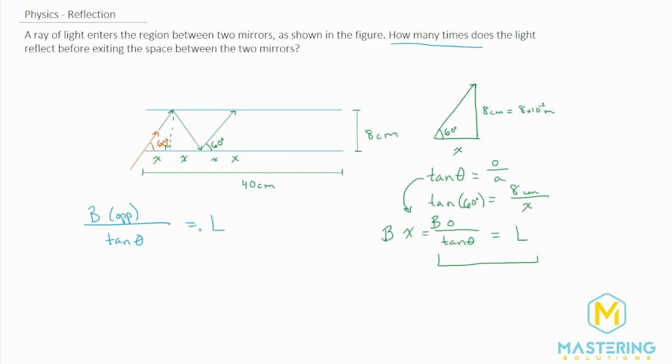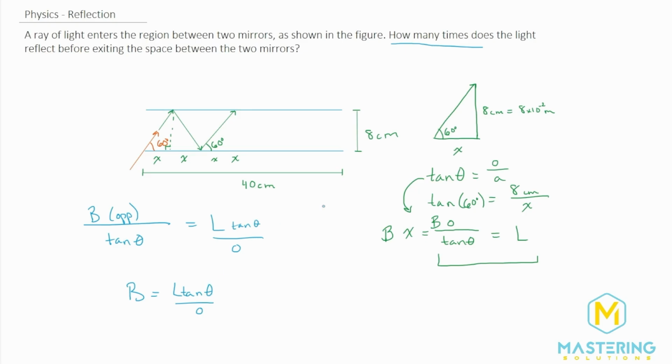Let's multiply both sides of the equation by tangent of theta, and then divide by the opposite. So b is equal to L tangent theta over the opposite O.